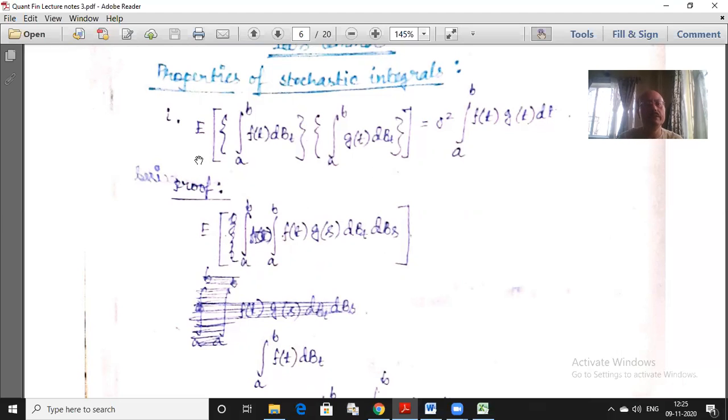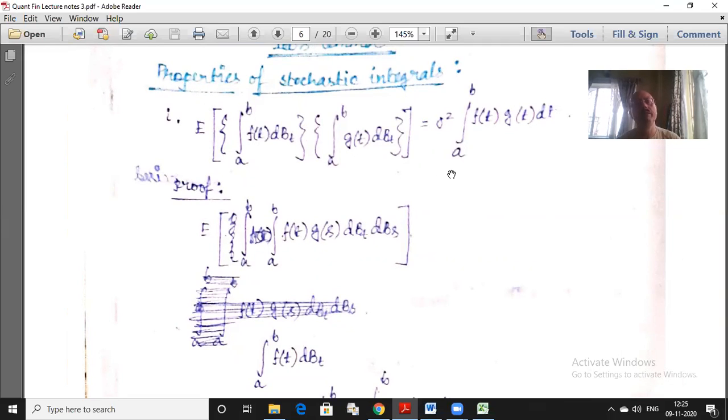So what is the first result? The first result is the expectation of the integral of f(t) dB times the integral of g(t) dB. So it is like a covariance formula again over the same range a to b, because if the range is different, we know what will happen. The calculation will happen only on the common range. So I want to find the covariance of this f dB integral and g dB integral.